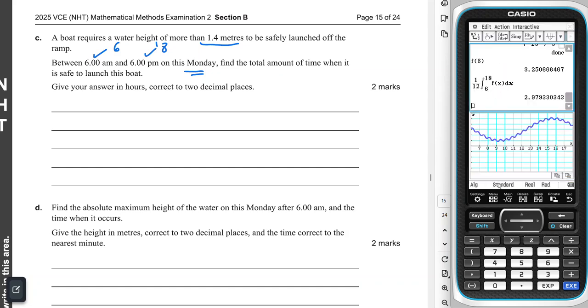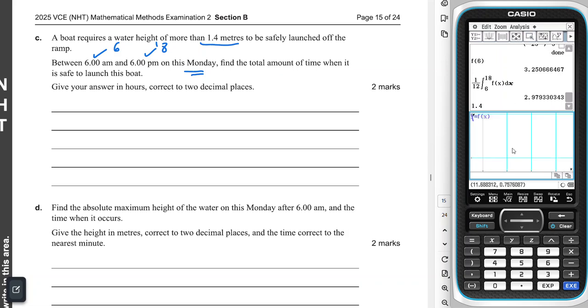And I want to be higher than 1.4. Okay, so it's higher always here, it's higher at the start. Let's have a little look and see what's going on in here. Ooh, we're below, then above. Okay, so let's find these intersection points.